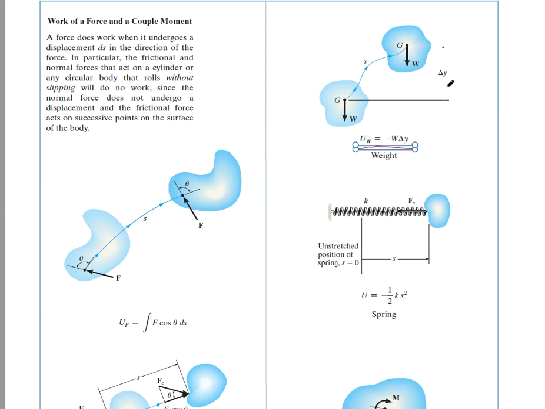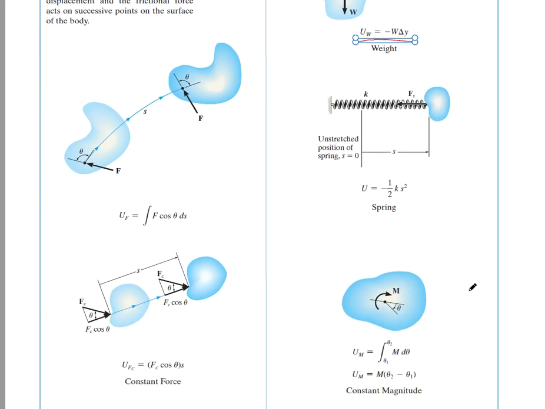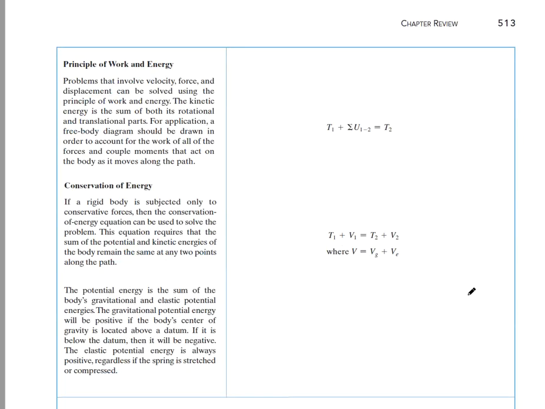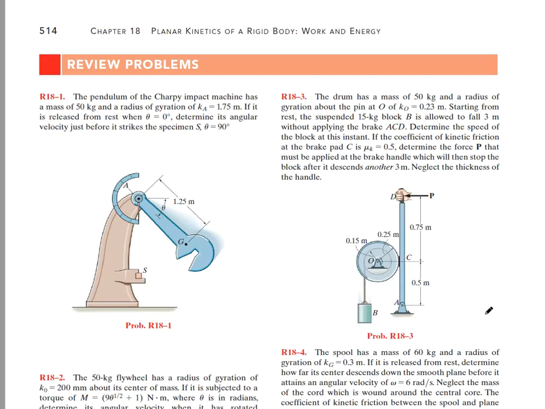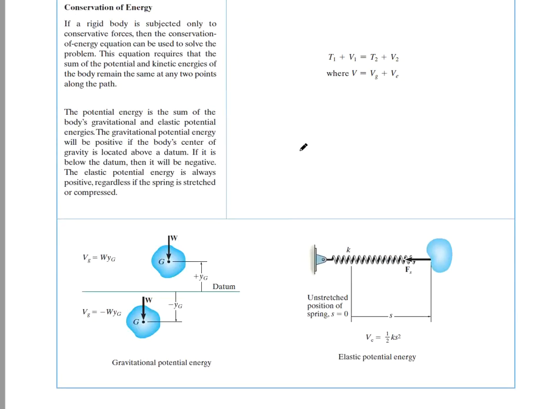So you can apply it as this is, but recognize that delta y becomes negative. Okay, and so yeah, a good place to come for a summary of equations, and there are some review problems.